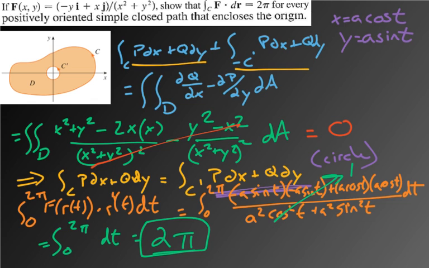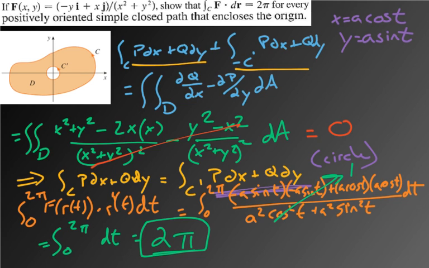Then we took our partials, this is Green's, and we saw that the double integral should be 0. That meant these two line integrals should be negatives of each other, which I handled by changing the negative sign. Then we computed the easier one, around the circle, because we know how to parameterize that, and you get 2 pi.